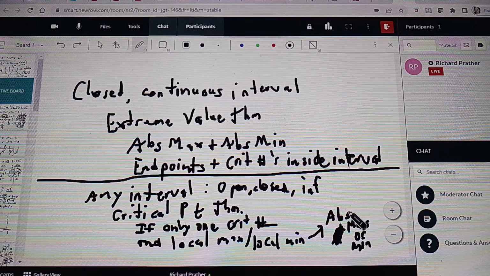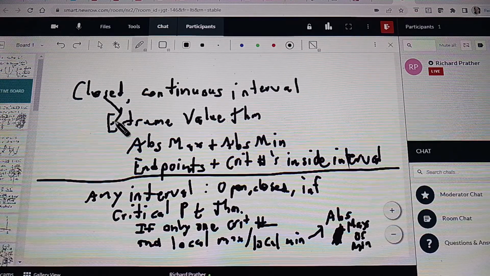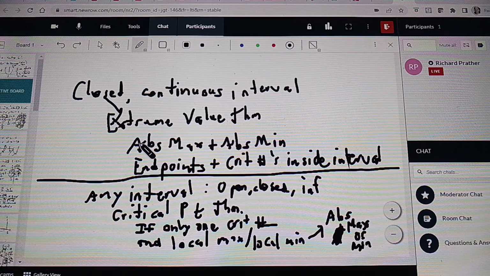The only problem is that it's only going to give you one of the 2 answers at the most. And in these problems, when there's a closed interval, you're guaranteed to get both answers. So that would only help you get one of the 2 answers anyway, and then you'd still have to do this rule anyway. So that's why if it's a closed interval, you're just going to use this theorem every time.